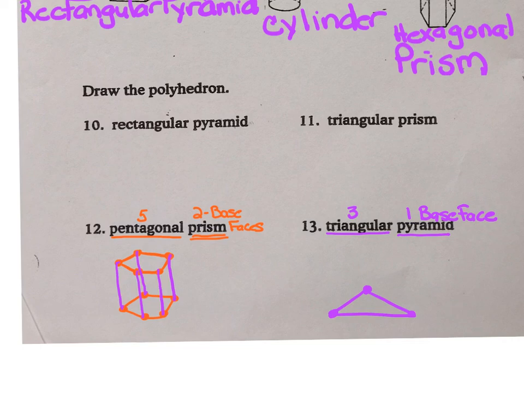Now we need to represent the vertex on the top of the pyramid. Take a moment and connect the vertex like so. It gives the illusion of a triangular pyramid.